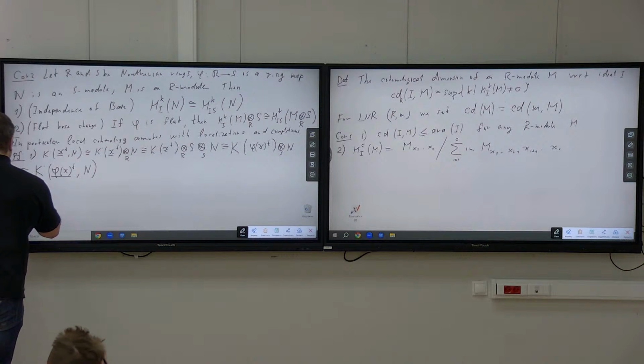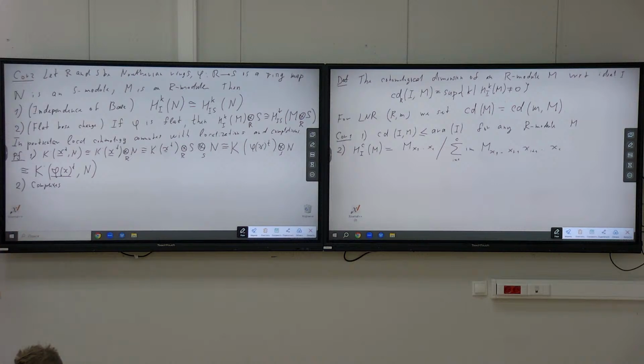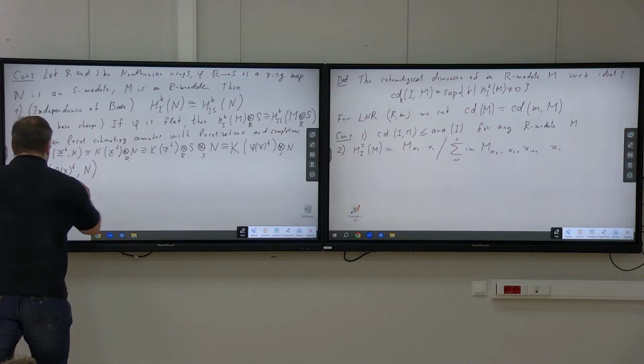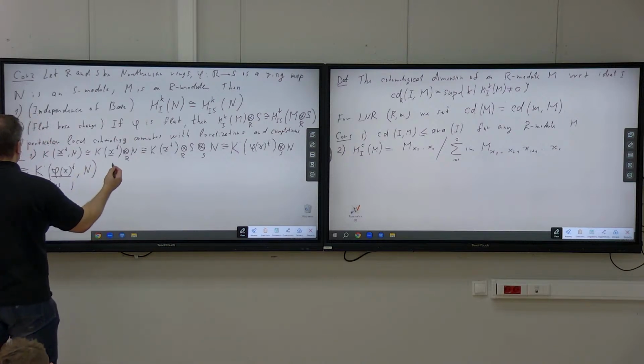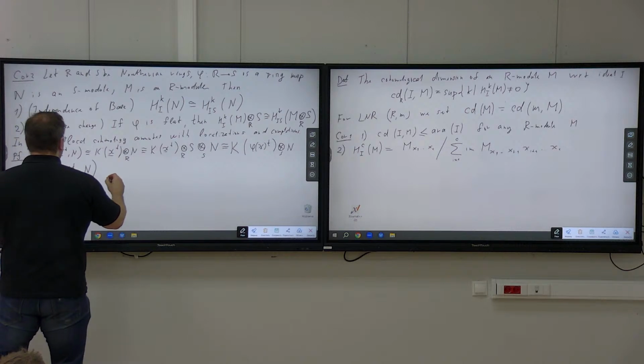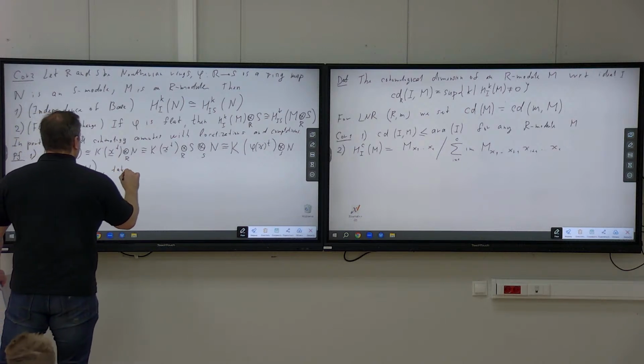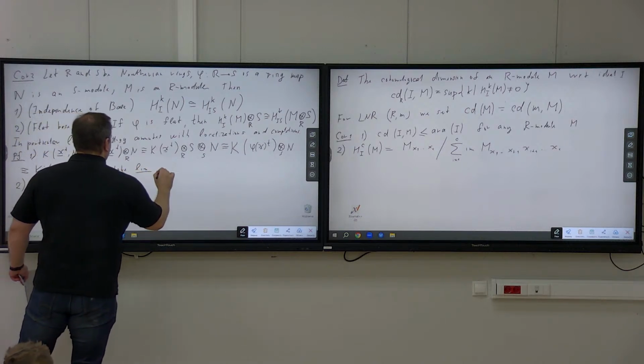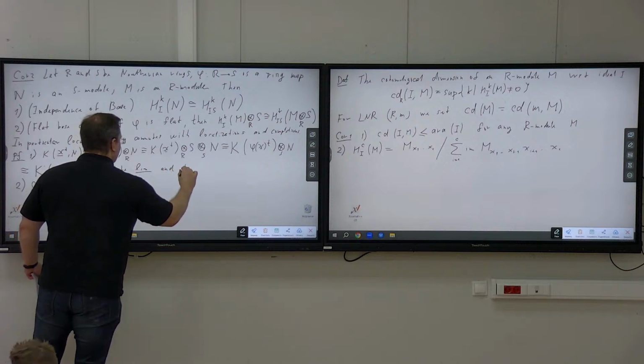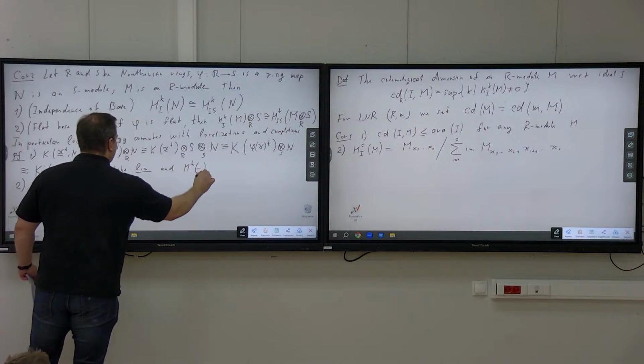So complex is not just using the fact that the tensor product with a flat module is an exact functor, hence it can be used with taking a homology. So complex is, yeah, and here, to finish one, I can say that take limit and the homology.